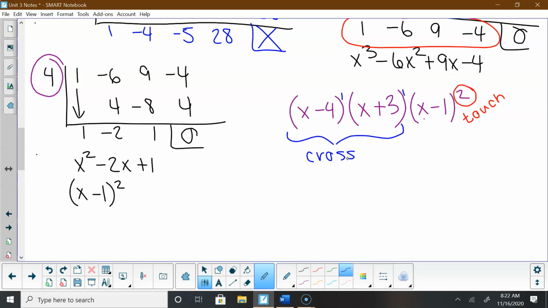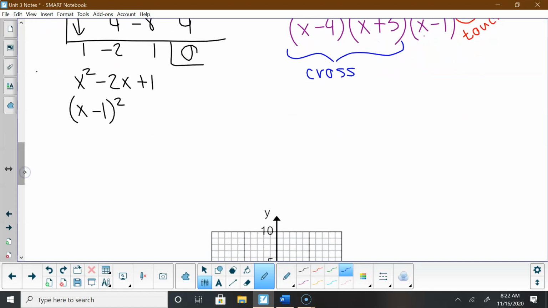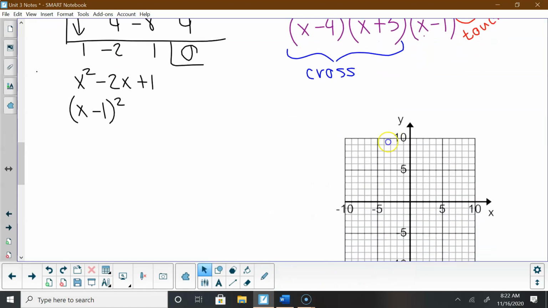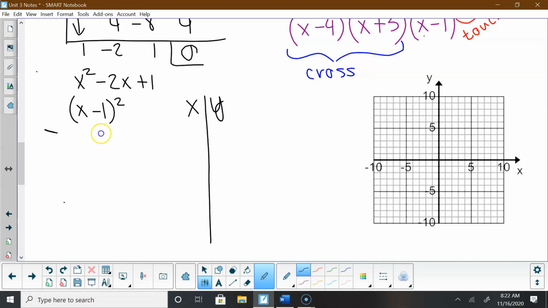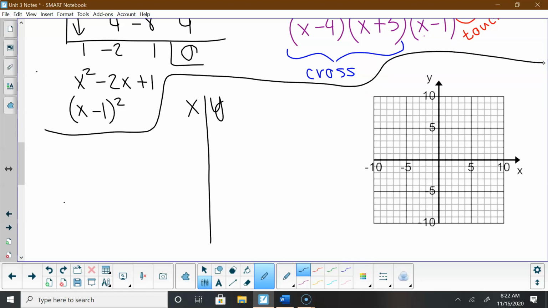Alright, what's my next step? X and Y table. Okay, so you have to keep these zeros. I'm going to move this over here. I know my screen's a big fat mess, but I'm trying to make sure we can still see it.